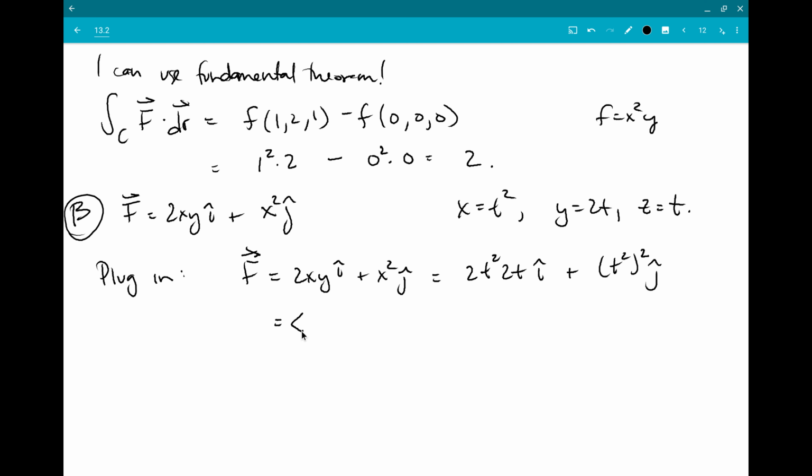So that's going to be 4t cubed, t to the 4th. And if I want to have the k component, it's just a 0.